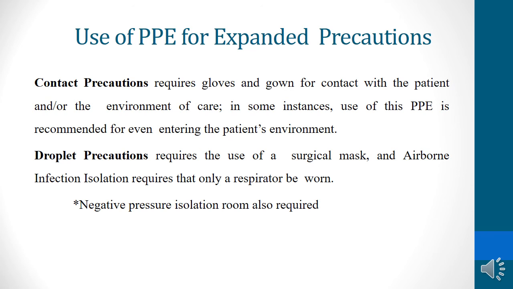Droplet precaution requires a surgical mask. Airborne infectious isolation requires respiratory PPE, as we wear an N95 for the airborne isolation patient, and the patient also needs a negative pressure isolation room.